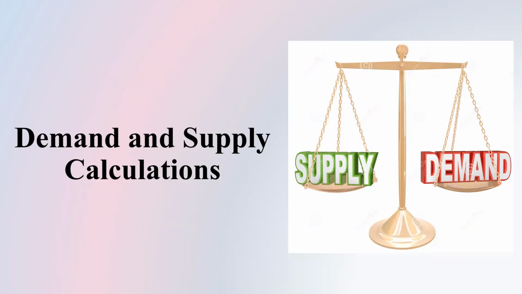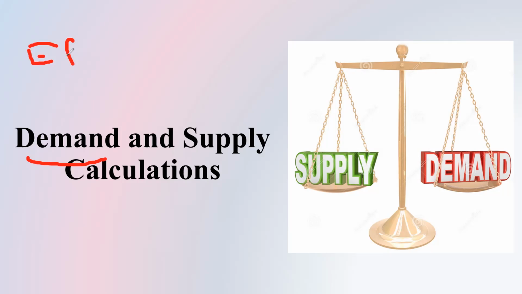We are the ones demanding goods and services, and the suppliers, the organizations or the business sector, are identified as the suppliers. So when we consider demand and supply, first we should have some idea about what is meant by demand, right? When we consider demand, that means effective demand.